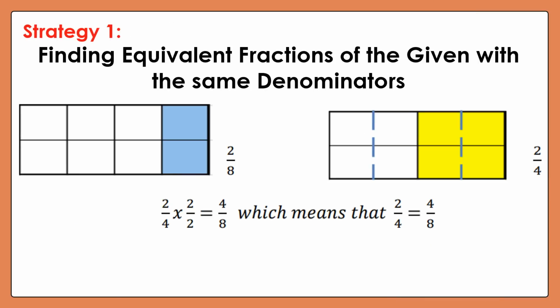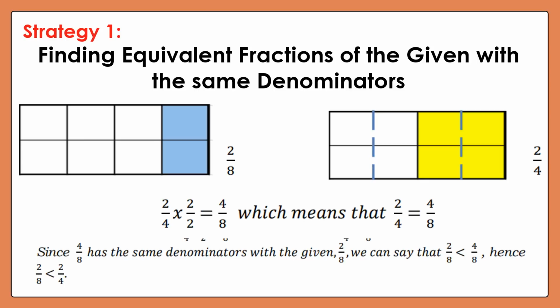Strategy number 1: finding equivalent fractions of the given with the same denominators. 2/4 times 2/2 is equal to 4/8, which means that 2/4 is equal to 4/8. Since 4/8 has the same denominator as the given 2/8, we can say that 2/8 is less than 4/8. Hence, 2/8 is less than 2/4.